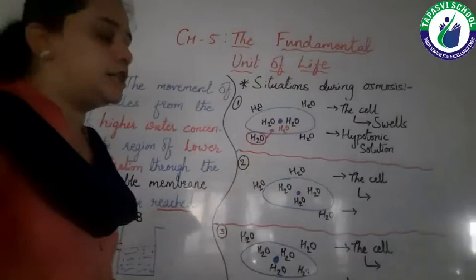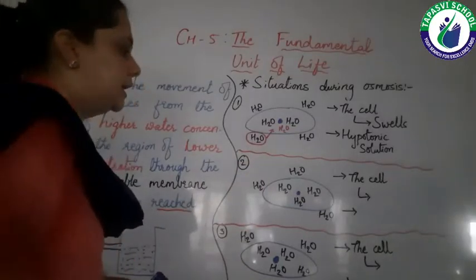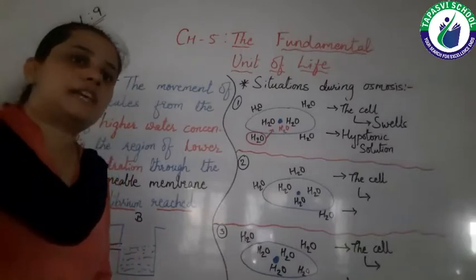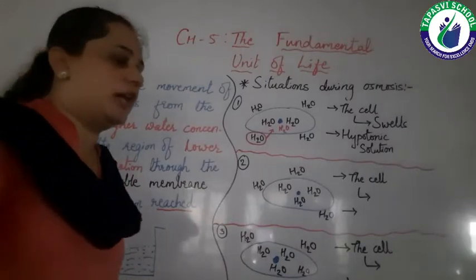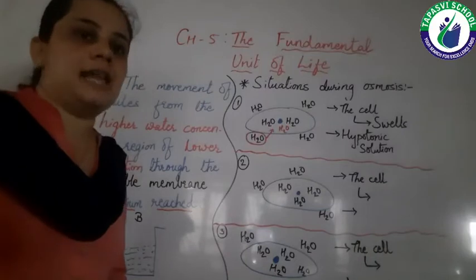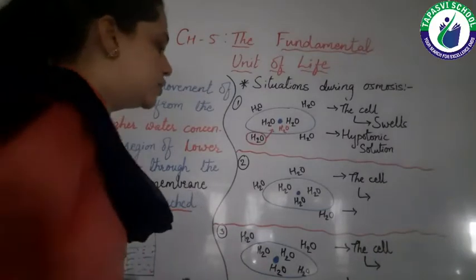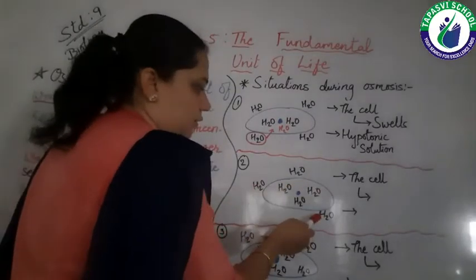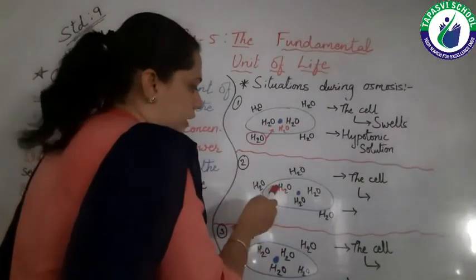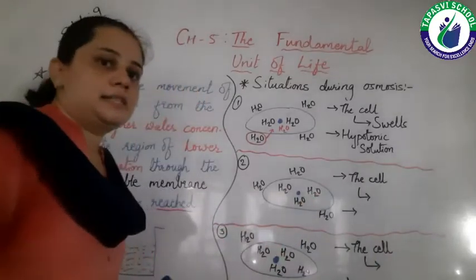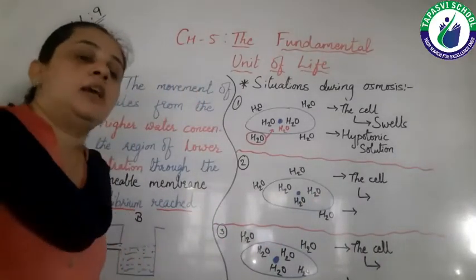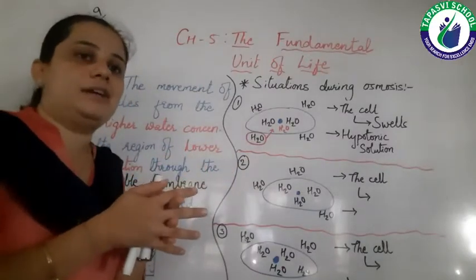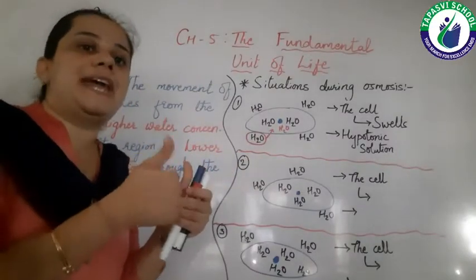Now the second condition or situation is, we are placing the cell in a solution which has the same amount of molecules as the cell has, right? So let's see here, there are 3 water molecules outside the cell and 3 water molecules inside the cell. So there will be movement of water molecules from outside to inside, but there will be no net exchange.